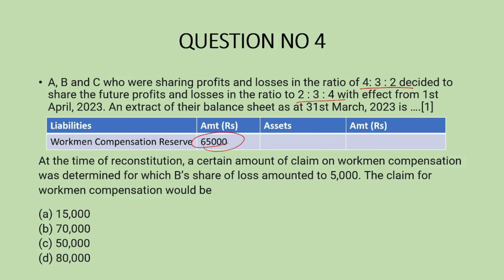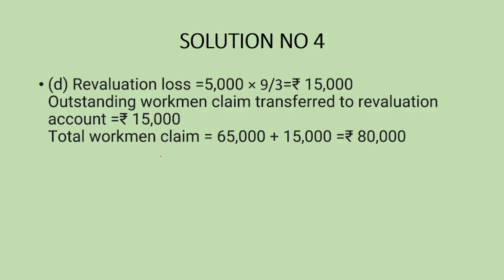The claim for workmen's compensation would be: the revaluation loss is 5,000 into 9 by 3, that is 15,000, and the outstanding workmen's claim transferred to the revaluation account is 15,000. Total workmen's claim is 65,000 plus 15,000, that is 80,000.